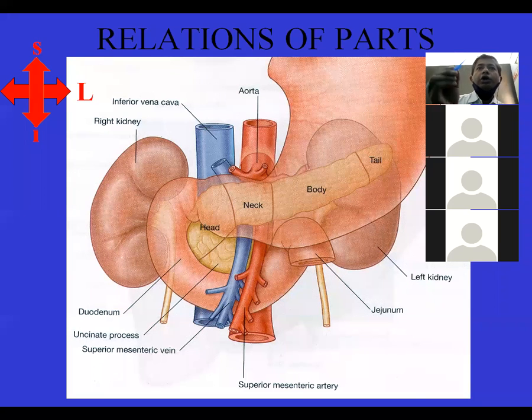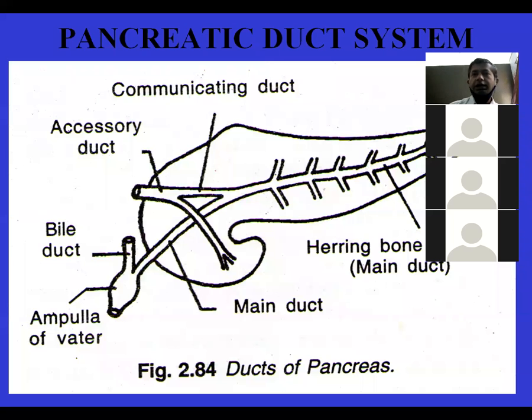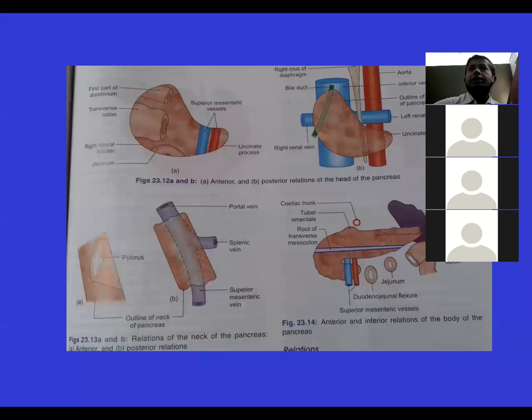Along with the inferior vena cava, the body is related with the left kidney, left suprarenal gland. Okay, left kidney, left suprarenal gland. Okay, and also the left crus of the diaphragm. So these are the relations of the pancreas.